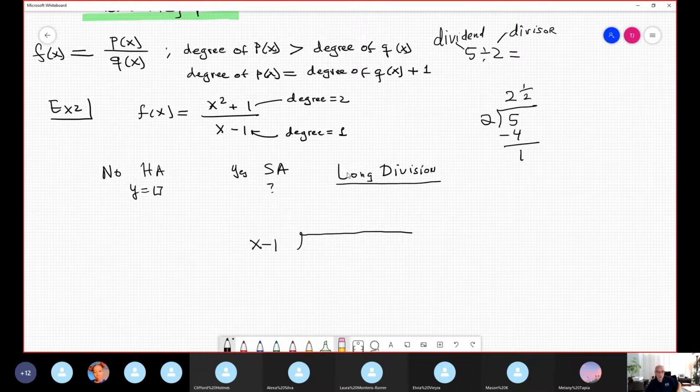And when you write the dividend, you complete any missing term. For example, x squared is that guy, plus 1, so the linear term is missing: 0x plus 1. This is extremely important, complete the missing terms using 0.